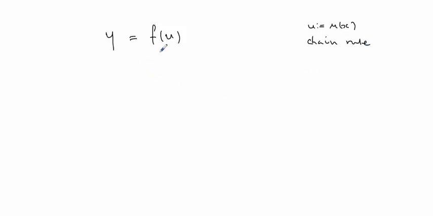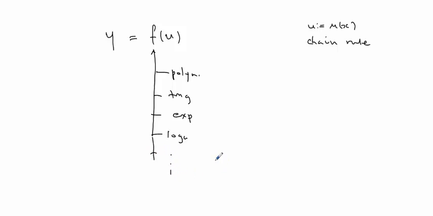But given a function like this, in order to differentiate accurately, you must understand the following. The function f here could be anything. It could be a polynomial, a trigonometric function, an exponential function, a logarithmic function, and so on.